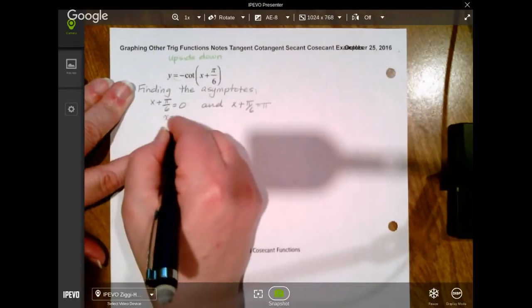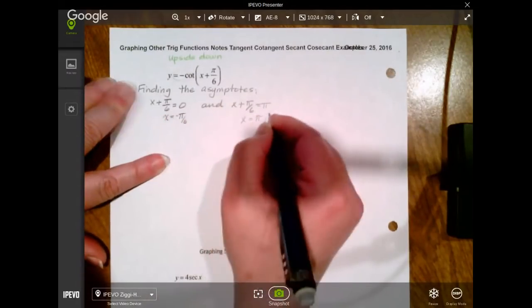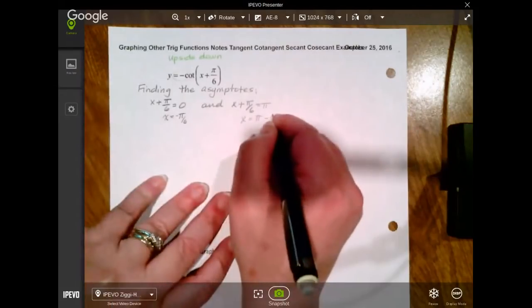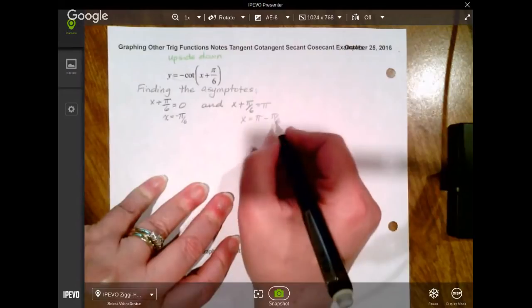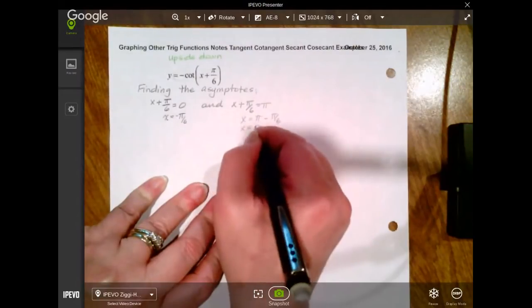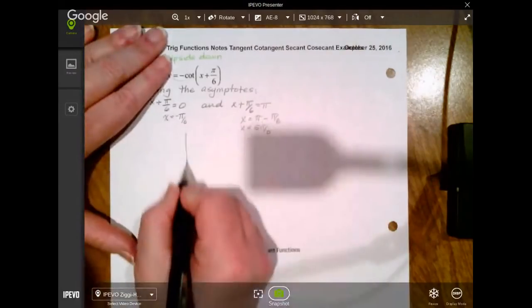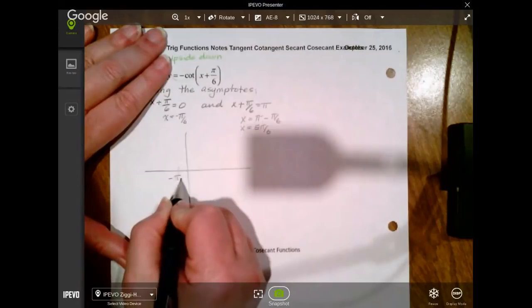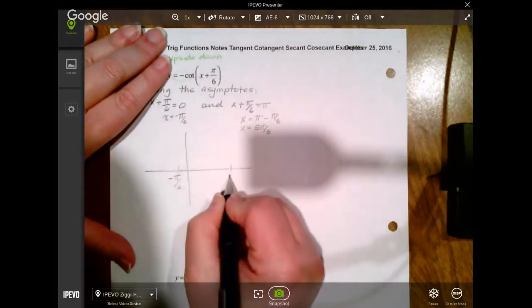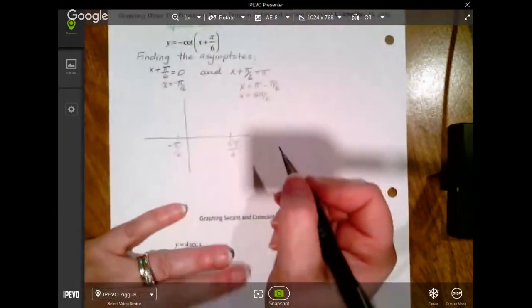We get x equals negative pi over 6 and x equals pi minus pi over 6, so 6 pi over 6 minus pi over 6 gives us x equals 5 pi over 6. Now we have the asymptotes, so let's put those down: negative pi over 6 over here, and then 5 pi over 6. All right, can everybody see that, I hope?